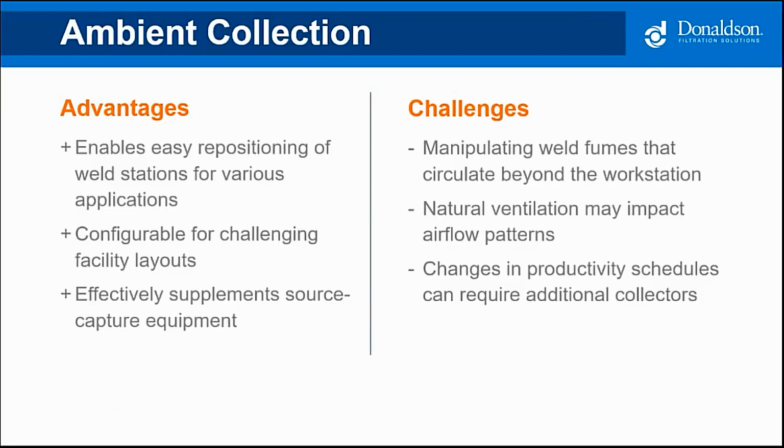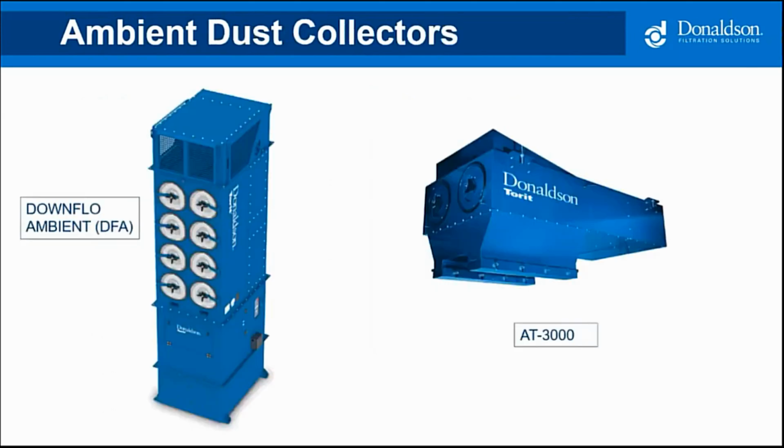The challenges are, of course, you're constantly manipulating the workstations. You have natural ventilation, whether it be windows, doors, forklifts driving by, change in level of productivity. So all of these variables have an effect. But we have a couple of units that fit into this ambient.